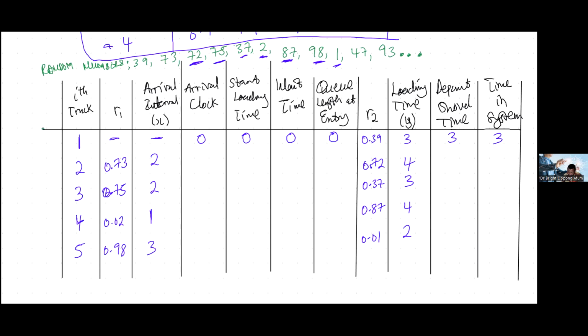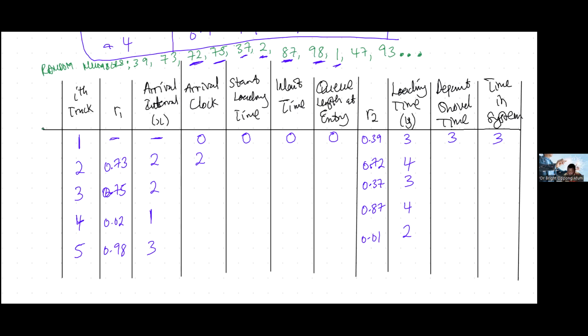So the second track comes in at the time 2, right? By the time it comes in, the arrival clock will be 2, because already 0 was in the system. Then when will it be loaded?